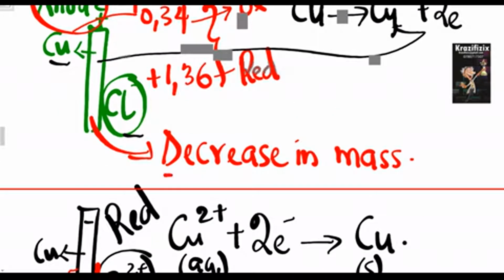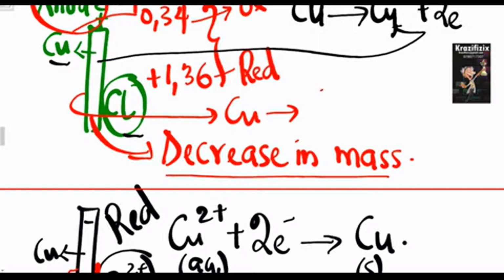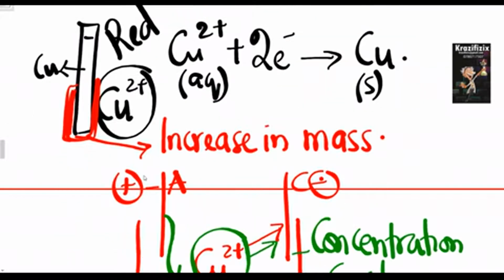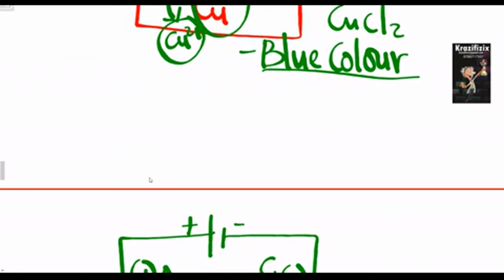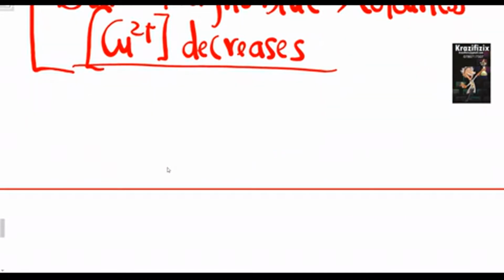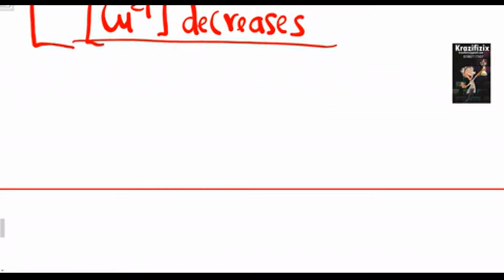You see now, there's a decrease in mass, but remember that this Cu, I have it up there. So this is actually replacing what is lost. So that is a great difference between using copper electrodes and using graphite electrode. I hope we got that. So that's the first application of electrolysis, the electrolysis of copper chloride.